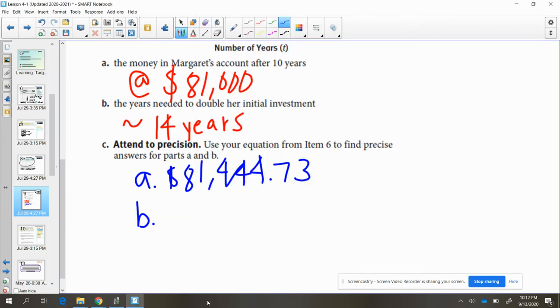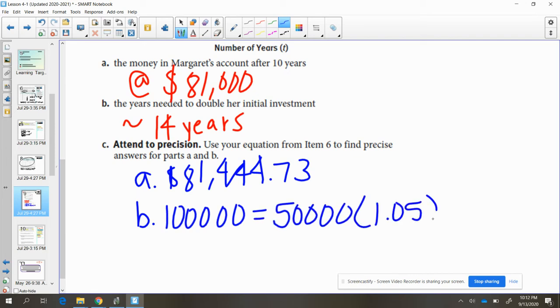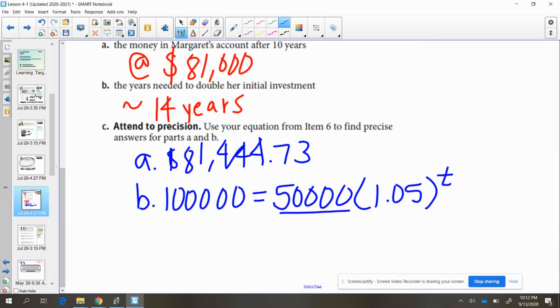Or if we're solving this by hand, we're looking for this to equal 100,000. When we start solving, first things first, we want to divide by the 50,000 to get rid of that. So we end up with 2 when we divide by the 50,000.